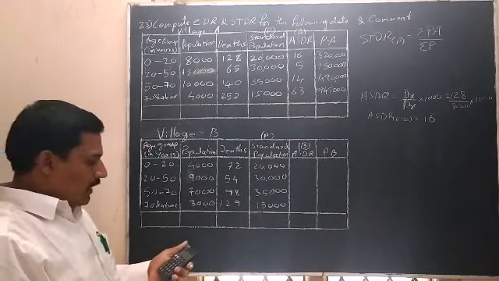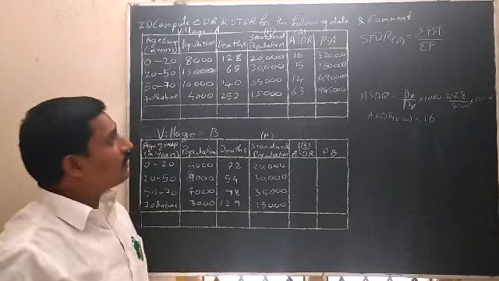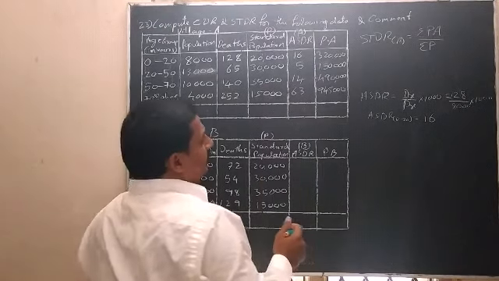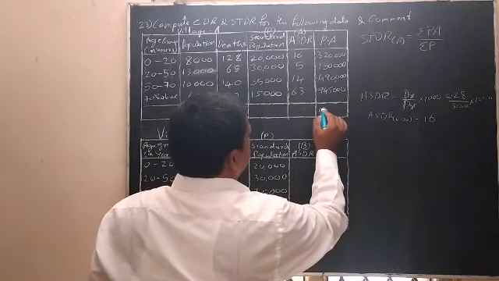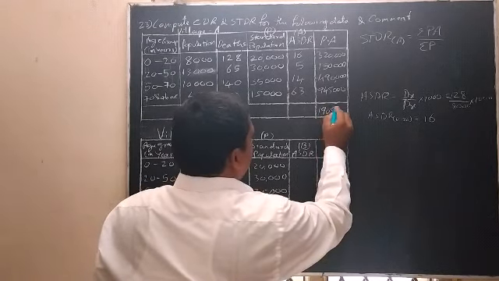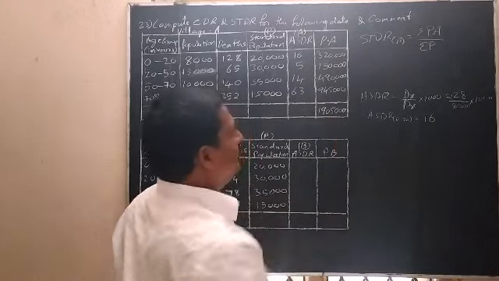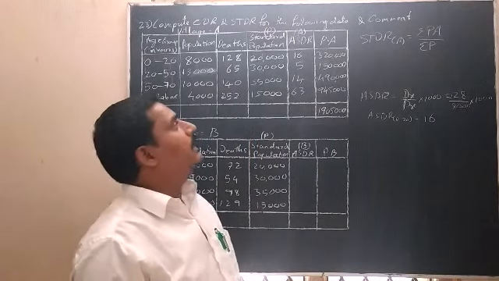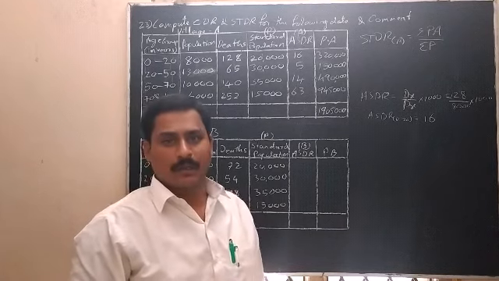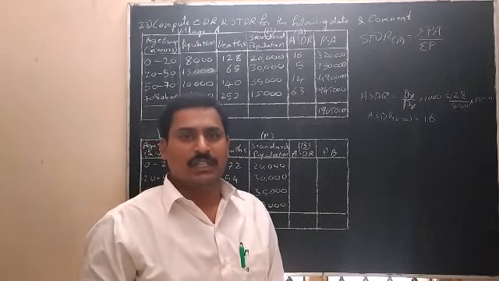The total for the PA column is 19,05,000, that is standard population into ASDR of location A.